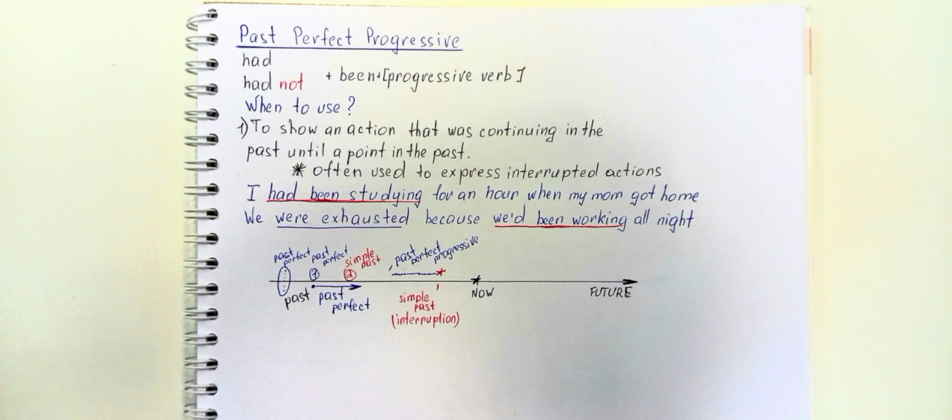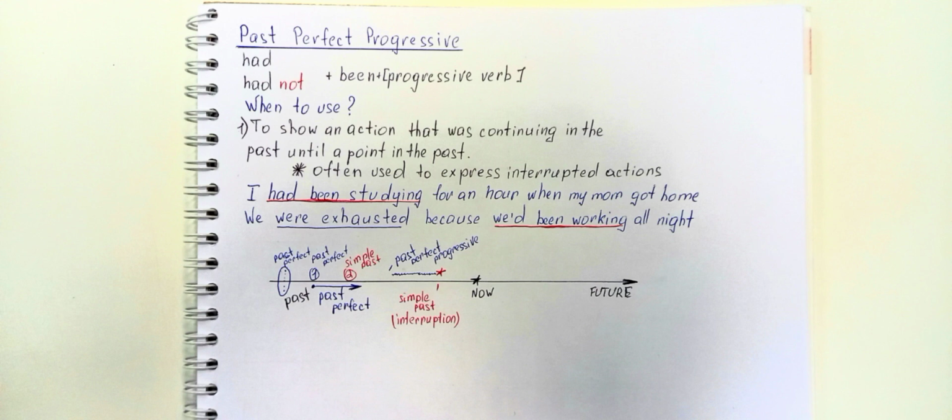And then from the context, from the conversation, we understand when it stopped. So a great example of this is a sentence like this: We were exhausted because we had been working all night.